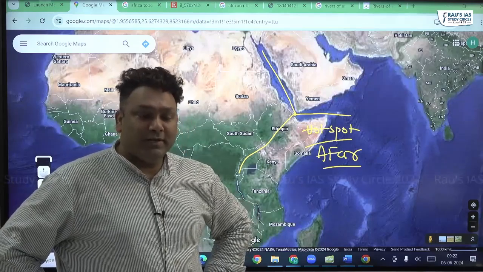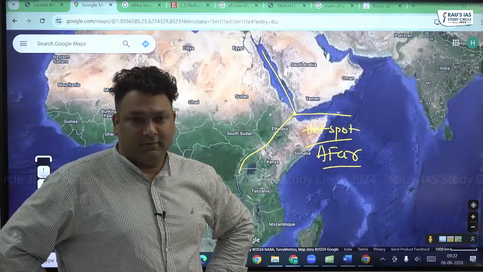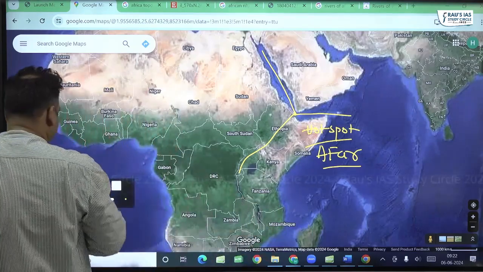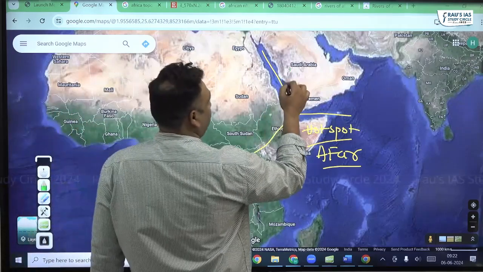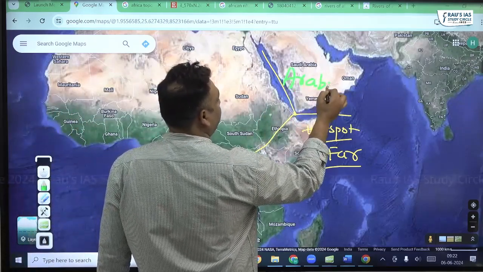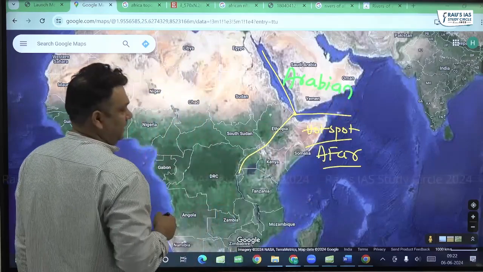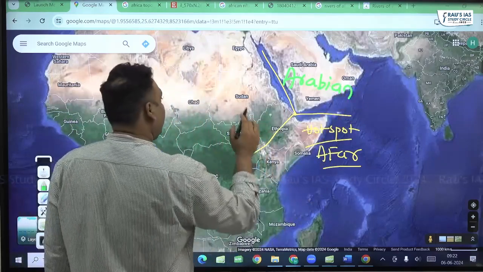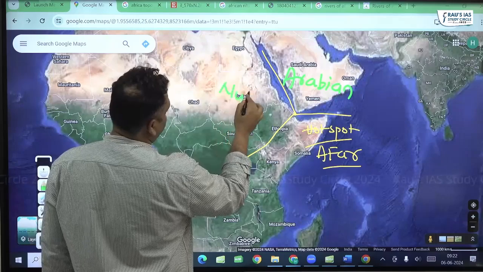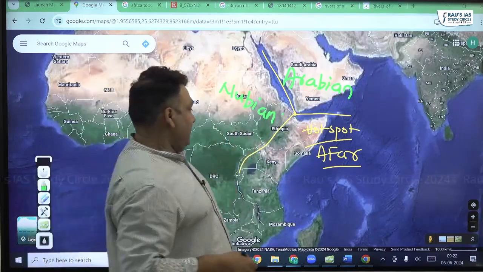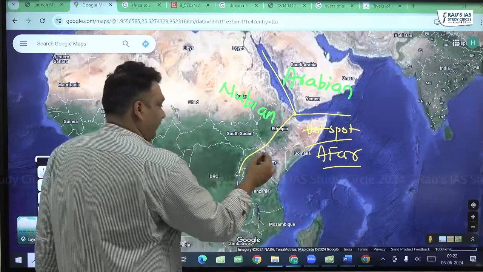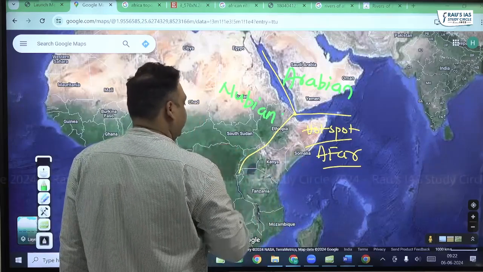Afar triple junction will be separating 3 plates. This is the Arabian plate. On this side, you have the Nubian plate. And on this side, this is part of the African plate only, but in future it will be separated.